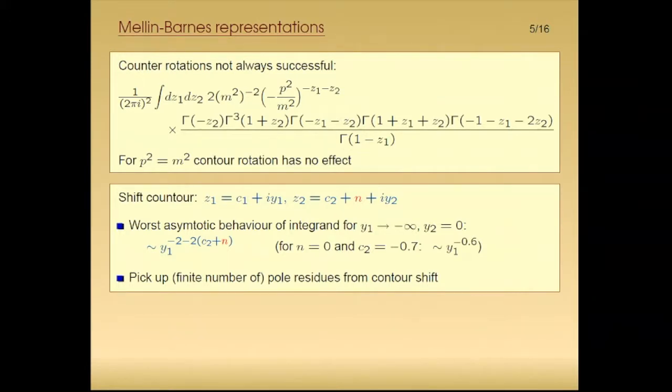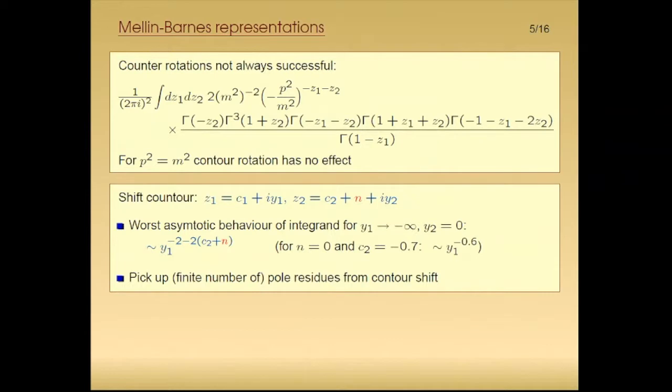Then this is just 1 in this ratio, and if I tilt the contour, I actually don't get anything interesting in the exponent from this 1. So therefore, this does not work always. So one has to also have some other arrows in the quiver.